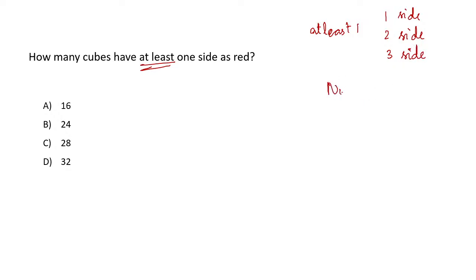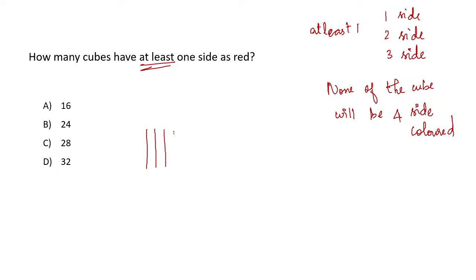Because none of the cubes will be four side colored. It will not be five side colored, six sides colored either. The maximum that can happen is three sides can be colored, and that too can happen only on the corner cubes.